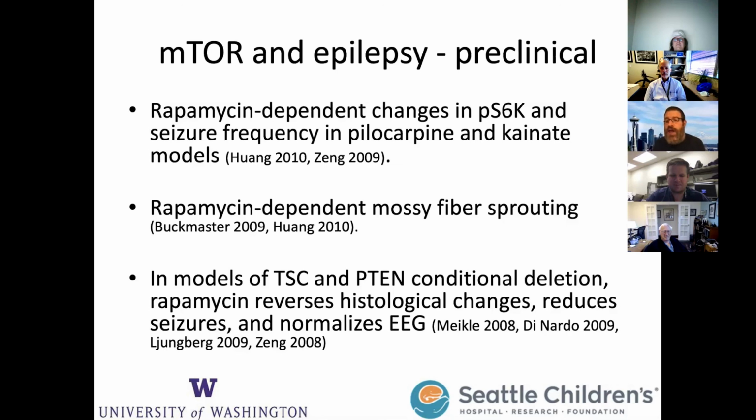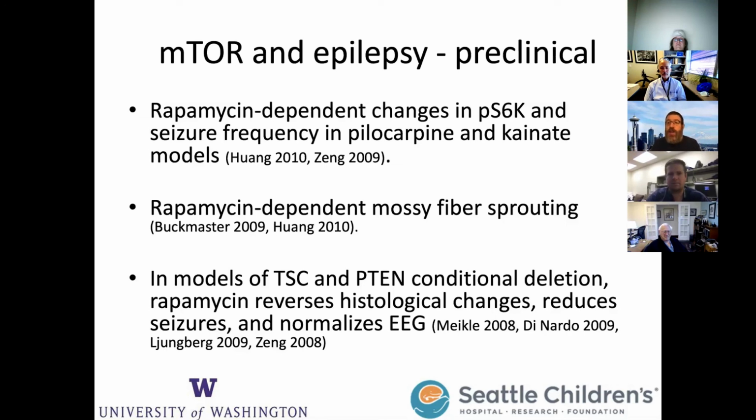It turns out that in animal models of epilepsy, these are not PTEN knockouts, so this is not mTOR dependent, but in animal models of epilepsy in which you inject either kainic acid or pilocarpine, these are drugs that you inject in an animal and then they spontaneously seize and go into status. Rapamycin actually can change their propensity to enter into status. It actually reduces epilepsy in these general animal models of epilepsy.